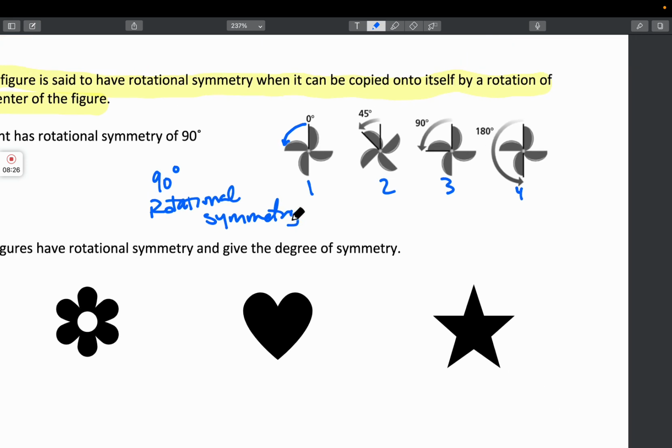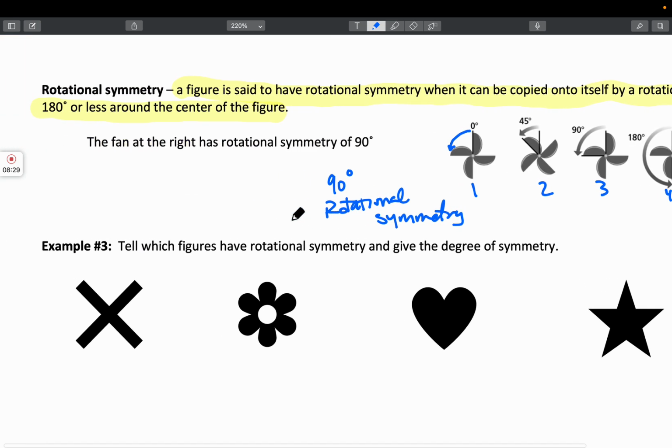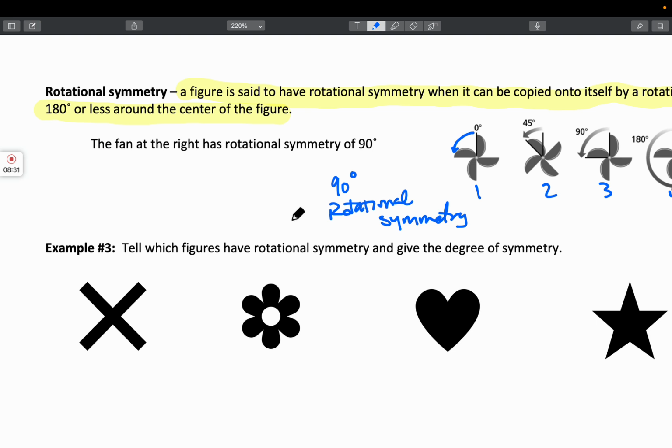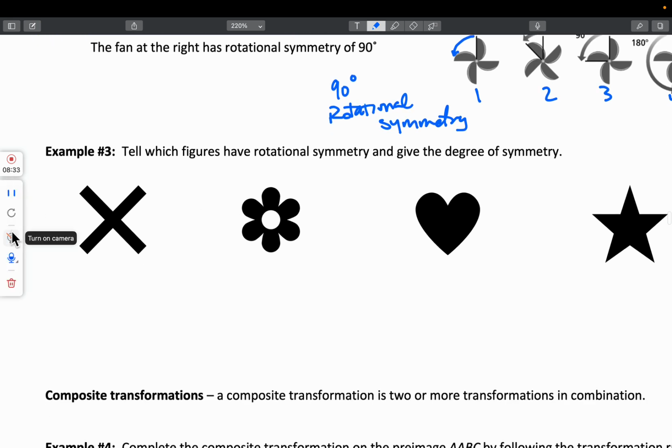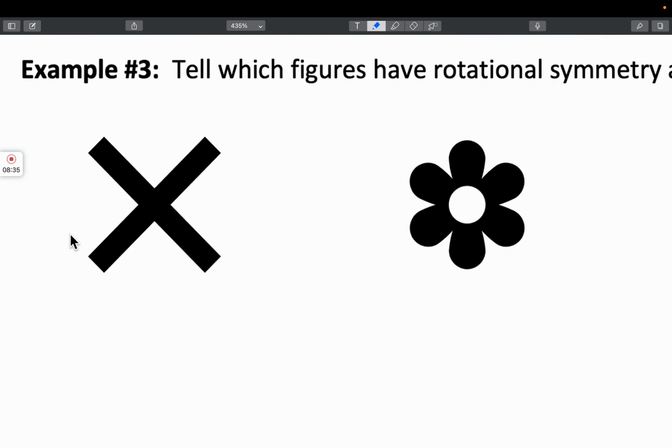All right, let's take a look at our examples down below and see if we have some rotational symmetry for example 3. Well, in our first one over here, we can see that if we rotate this arm over here to this side, then that X will appear exactly as it does right here. So that's going to be 1 rotation. Here is 2 rotations, 3 and 4.